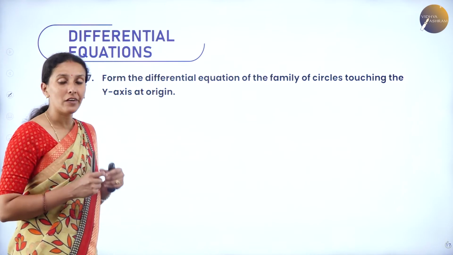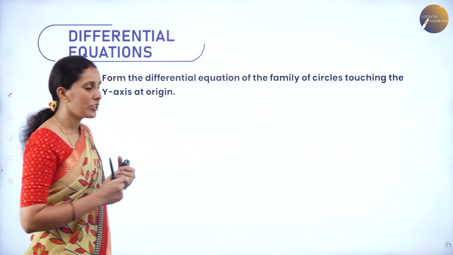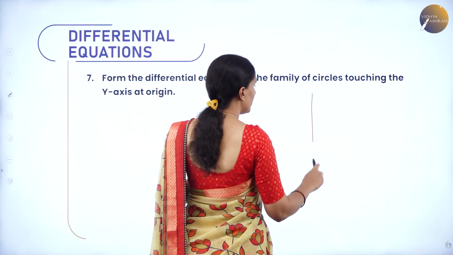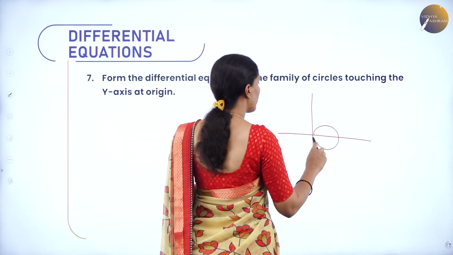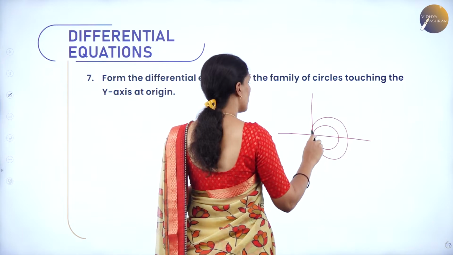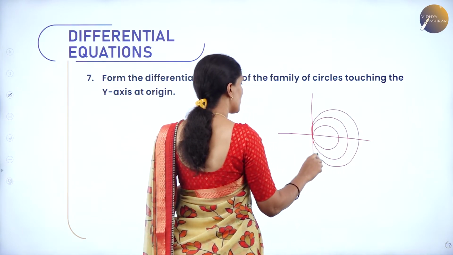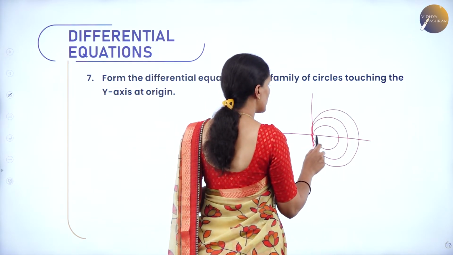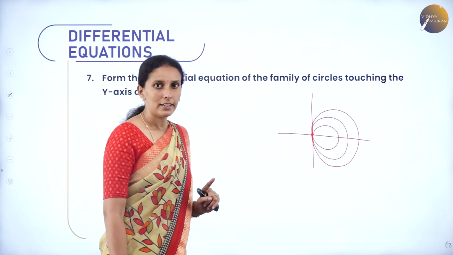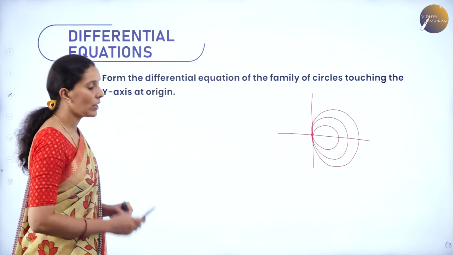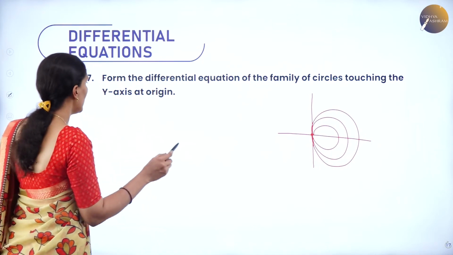So what is the general equation of a circle touching the origin? Here we are going to find this family of circles like this. This circle touches the y-axis at the origin. So what is the general equation of this type of circle?